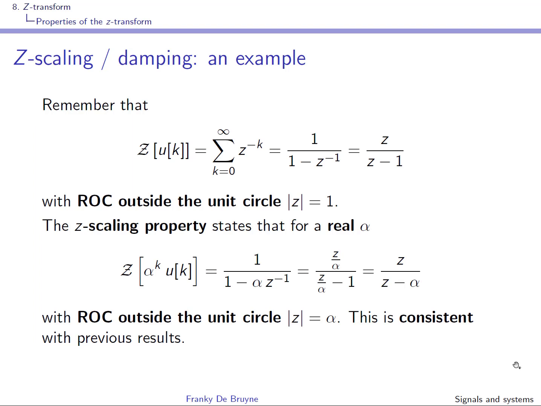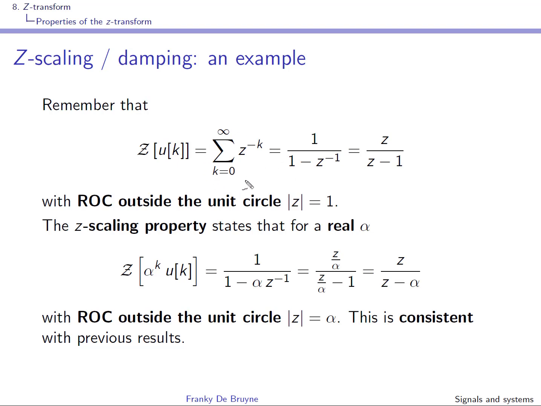So let us apply this to an example, and remember that we have seen that the z transform of a unit step is 1 over 1 minus z^(-1), when you work with the variable z^(-1), or it is z over z minus 1.